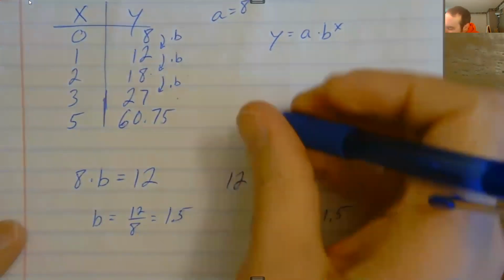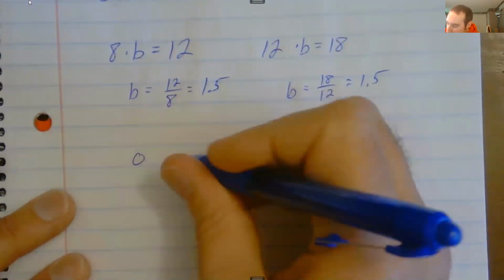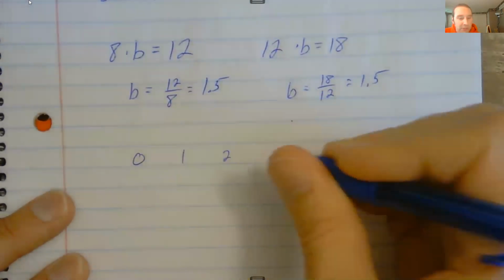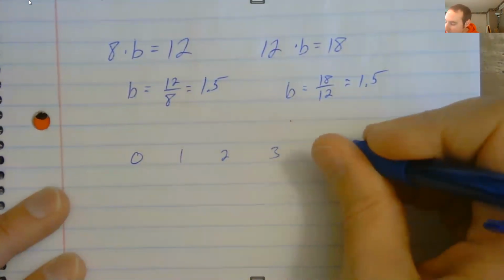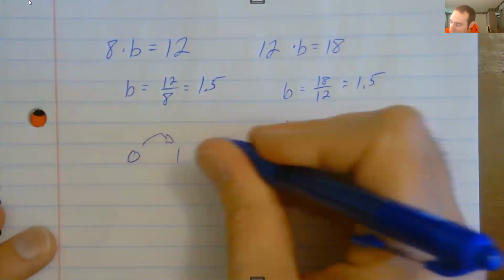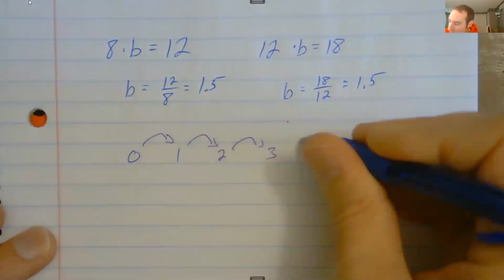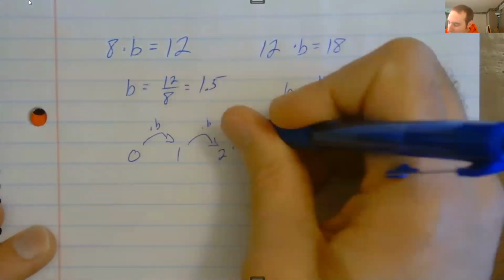If I were to write out all these terms here, we could say, here's my term 0, 1, 2. Notice I'm using some geometric sequencing language right now. 3, 4, and 5. To go from here to here, you multiply by b, multiply by b, multiply by b. So times b, times b, times b.